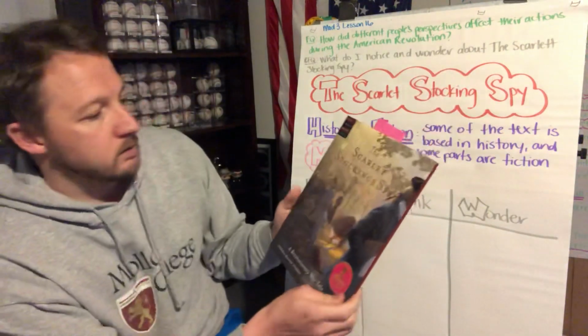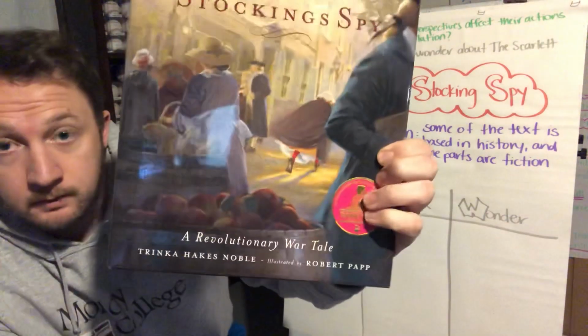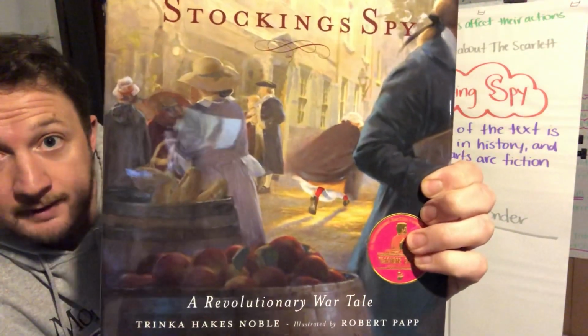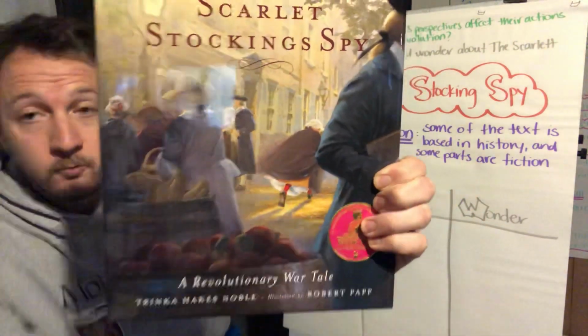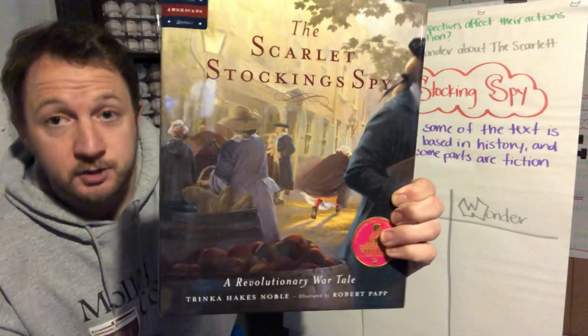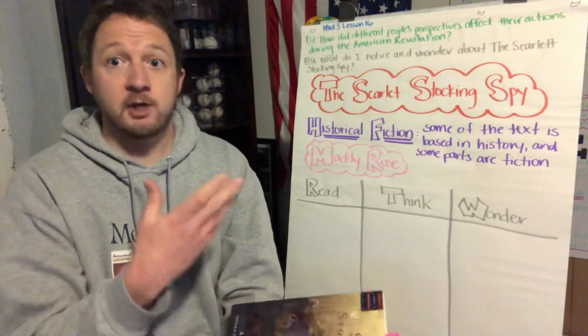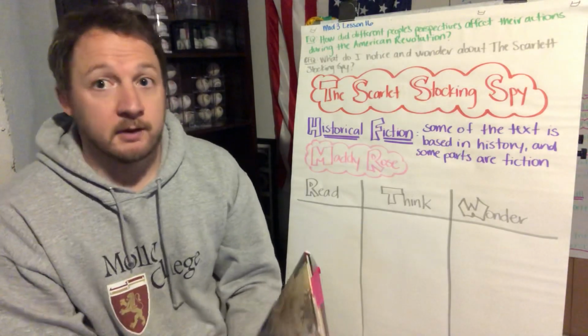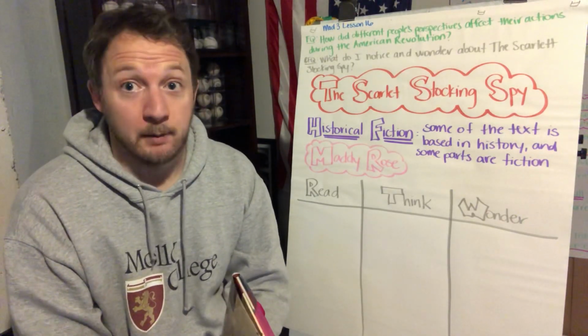If you look at the cover really closely, you see that the person right in here is in fact wearing some red stockings, and scarlet is another way of saying red, or a shade of red. We're going to keep it scarlet stockings because if we use red socks, I'm not going to be happy.